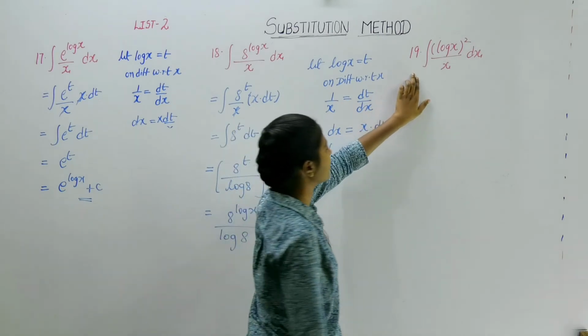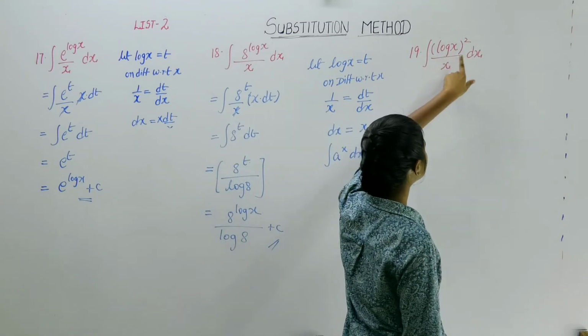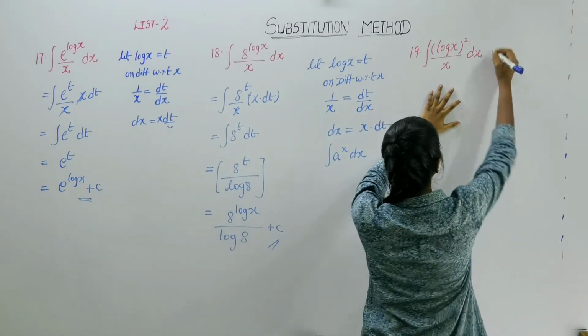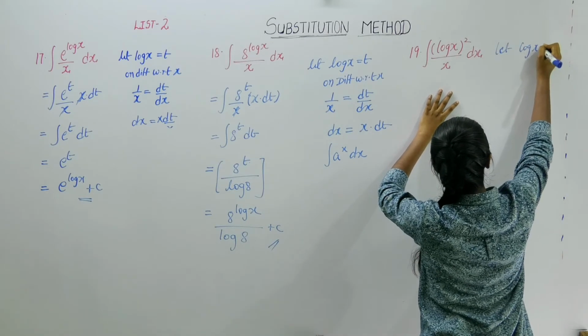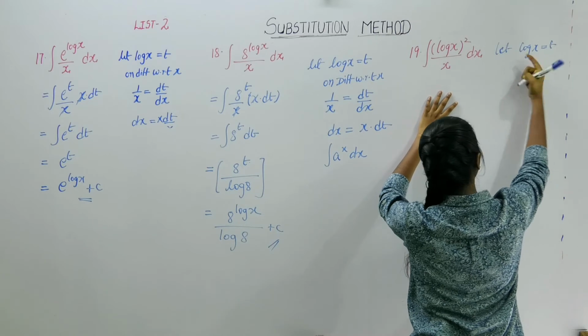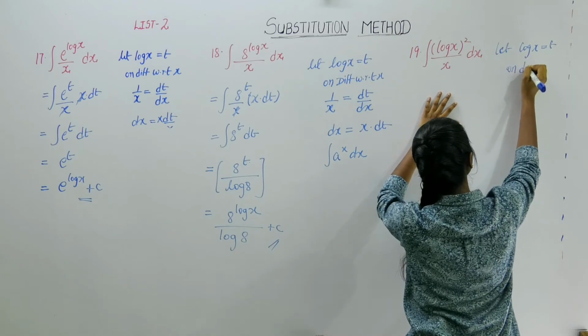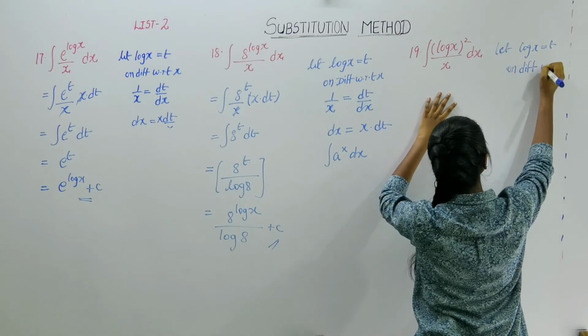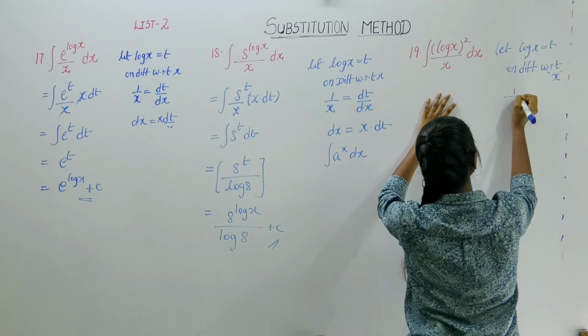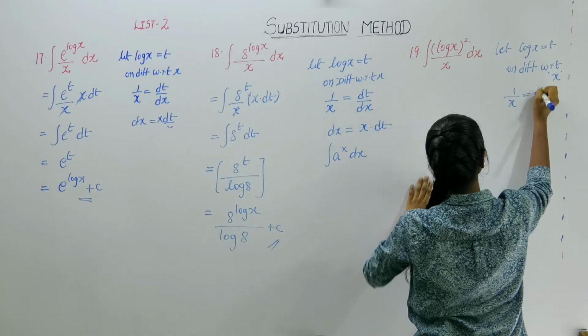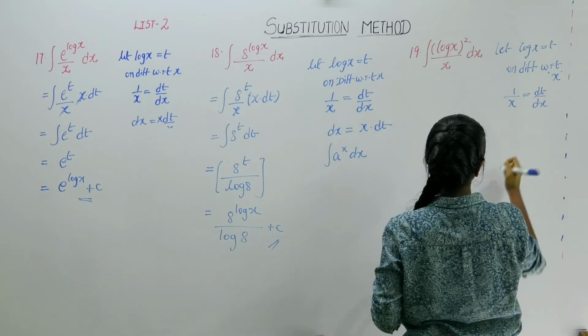Next, 19th one, integral log x whole square by x dx. To solve this, let us assume log x is equal to t. On differentiating with respect to x on both the sides, we get 1 by x is equal to dt by dx.